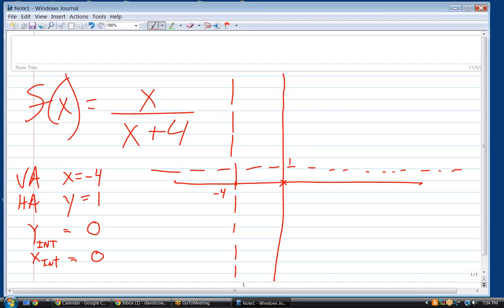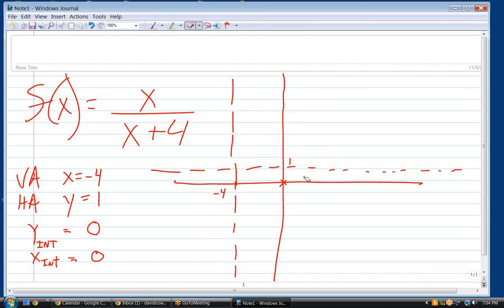What does it look like? Typically, hyperbolic functions look like this relative to the asymptotes. But obviously, this one doesn't look like that. I have to think about this for a second.